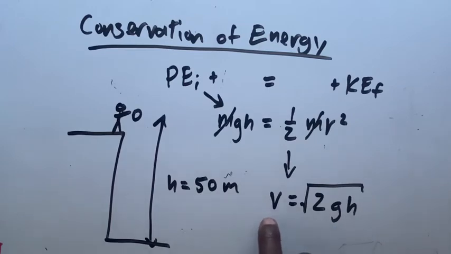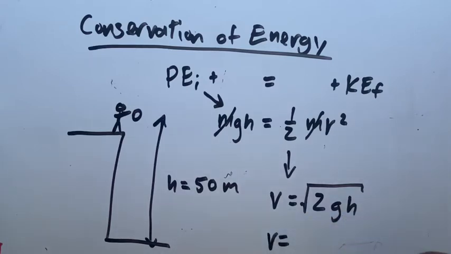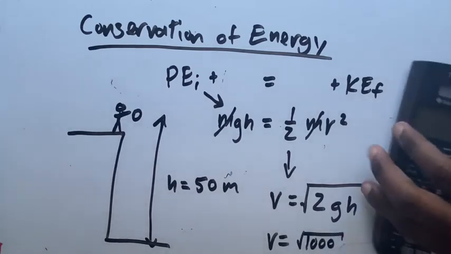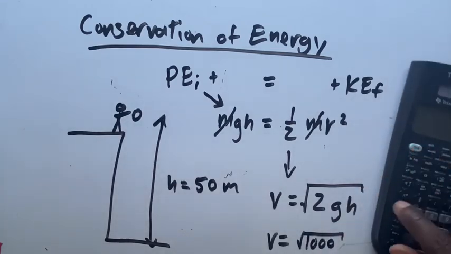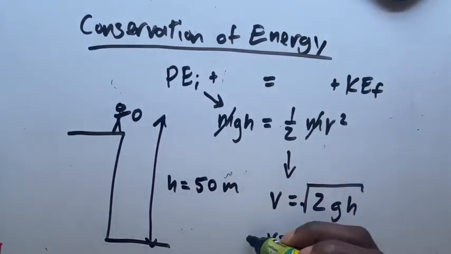We can actually solve what that velocity is because we know the height is 50. That's going to be equal to the square root of, well, 2 times 10 is 20, and 20 times 50 is 1,000. The square root of 1,000 is 31.6.